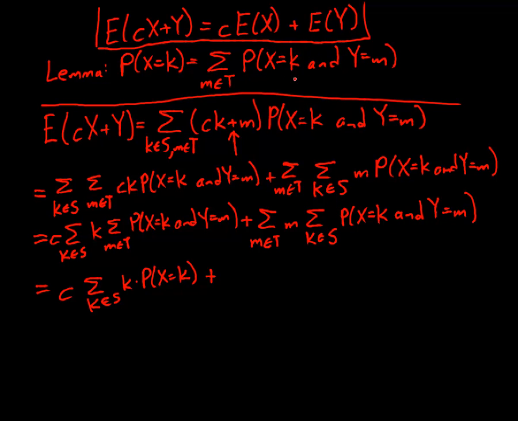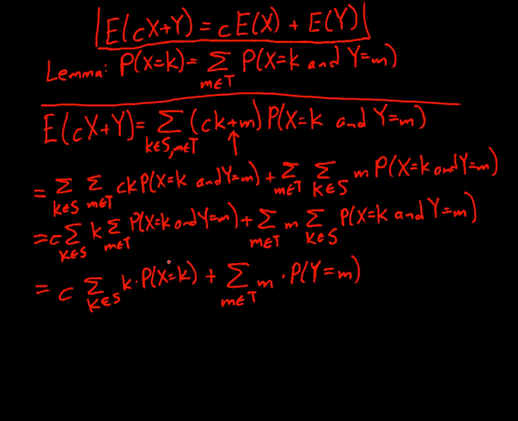It's just that the roles of X and Y have changed. Up here we were summing over all the possible values for Y. In this sum we're summing over all the possible values for X. But whether you name a random variable X or Y doesn't matter, and the theorem above still applies to show that this is just the probability that Y is equal to m. Because X has to be some k value, and it can only be one k value. So adding up all those probabilities gives you the probability that this condition holds.